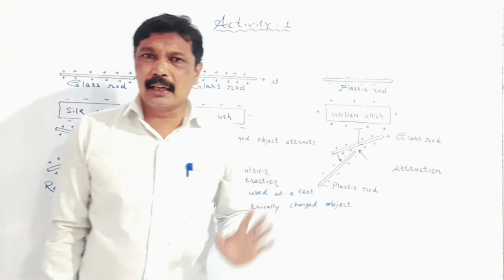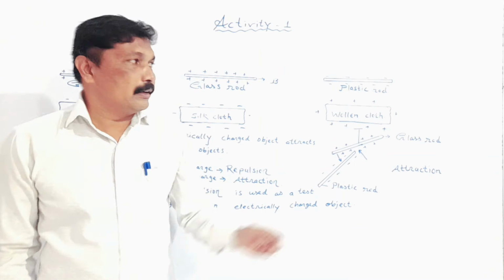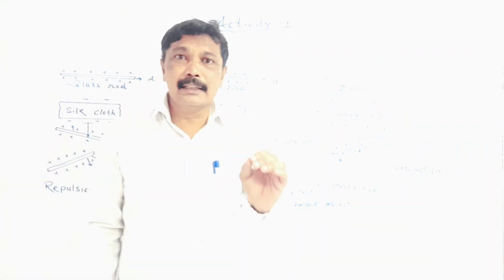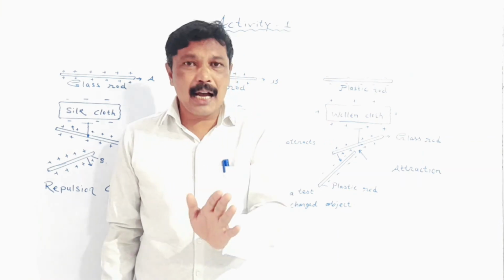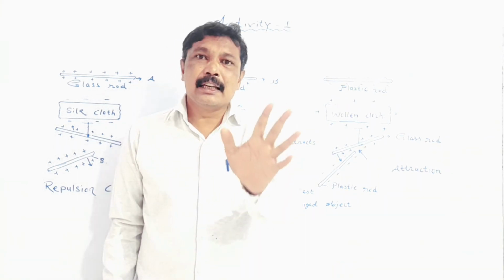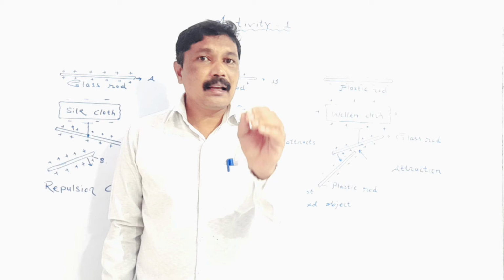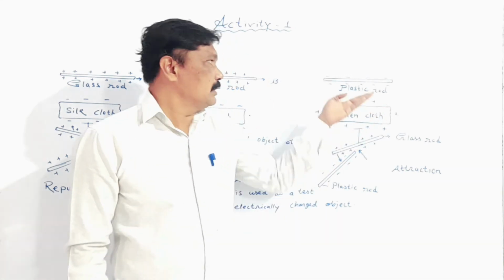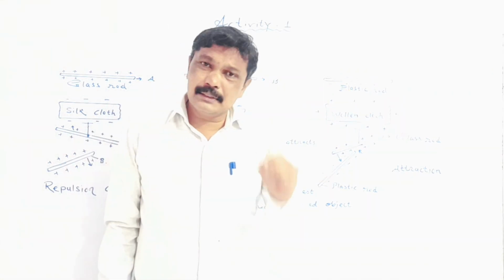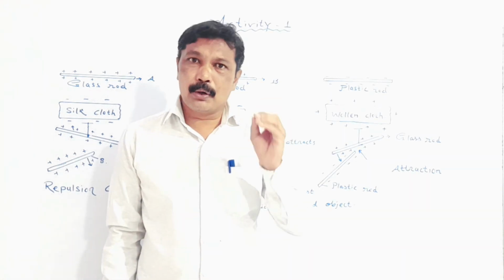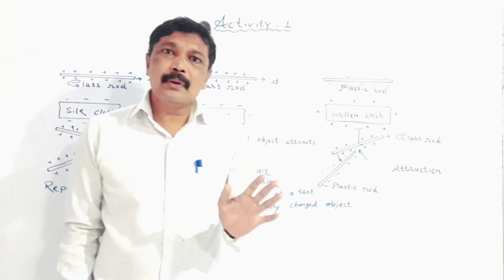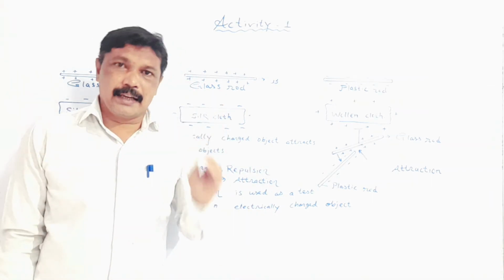Again my dear student, we should keep one thing in mind, that the plastic rod is neutral because the positive charge and the negative charge in the plastic rod are equal, and therefore it is a neutral object. In the same way, the woolen cloth is also neutral because it also has the same positive charge and negative charge.